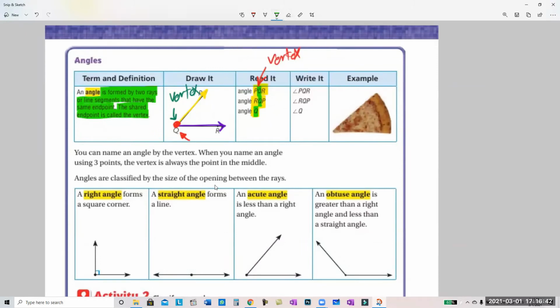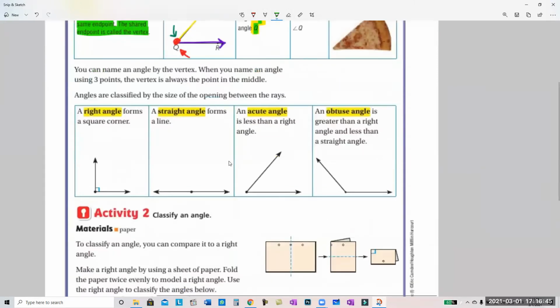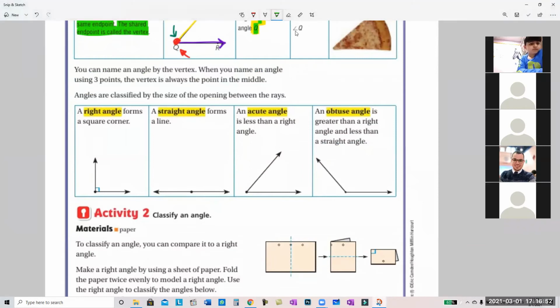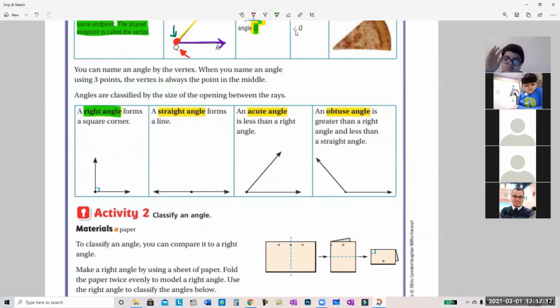Okay. Now, let me show you how we can classify angles. We have four kinds of angles. The first kind is the right angle. A right angle looks like the letter L. So all we have to do is make the letter L, using a ruler, by the way.